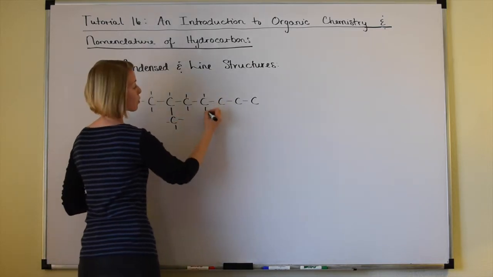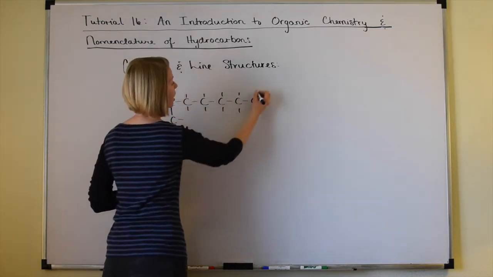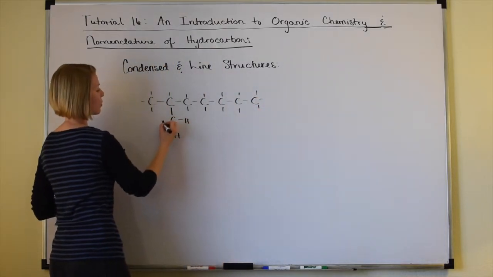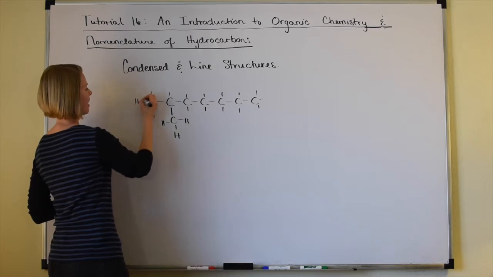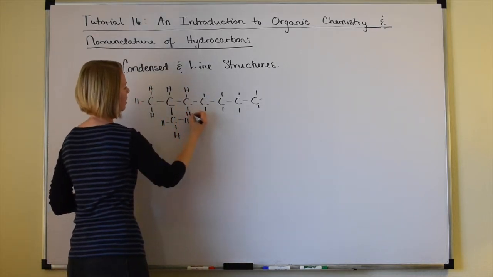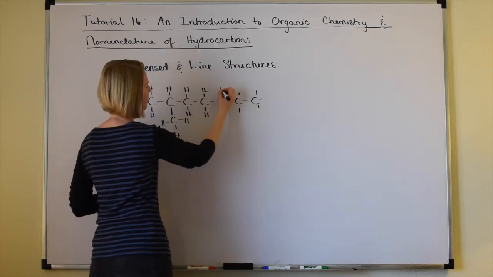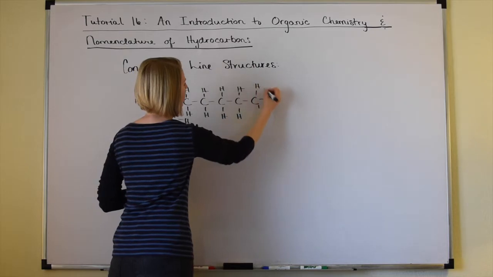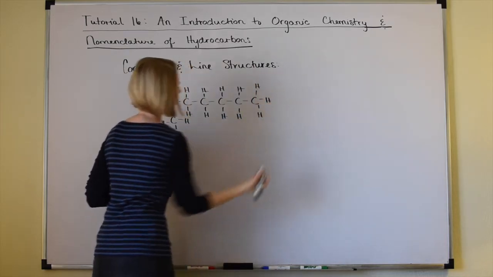And really, for a proper Lewis structure, I should draw in all of my hydrogen. Fairly tedious. I think you will agree that that is getting to be quite tedious. One, 2, 3. Okay, I did it.